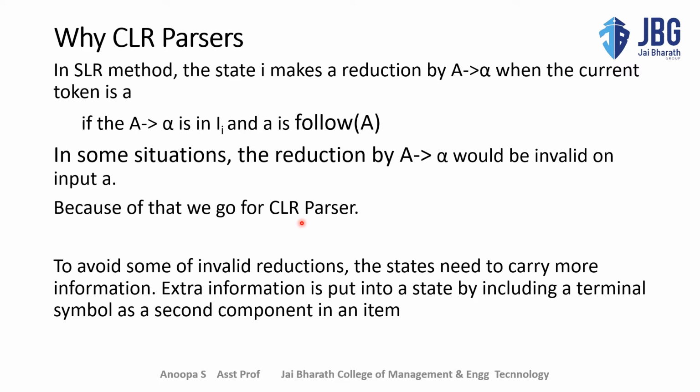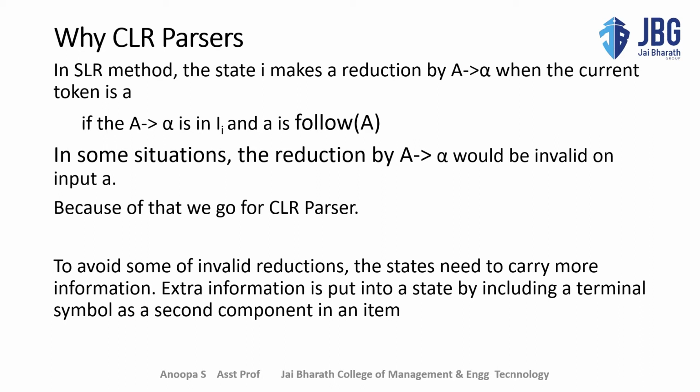Now, the difference between the items in LR and CLR parsers is that we will have extra information in the items of CLR parser. In order to avoid some invalid reductions, the state needs to carry more information. This information is put into a state by including a terminal symbol as a second component in an item.